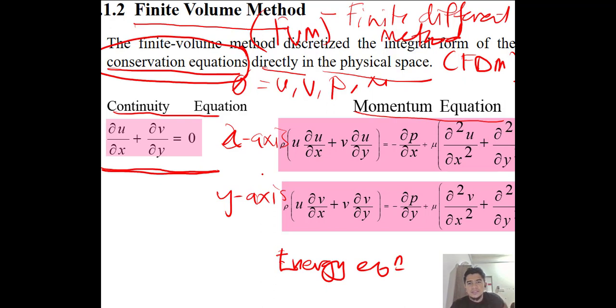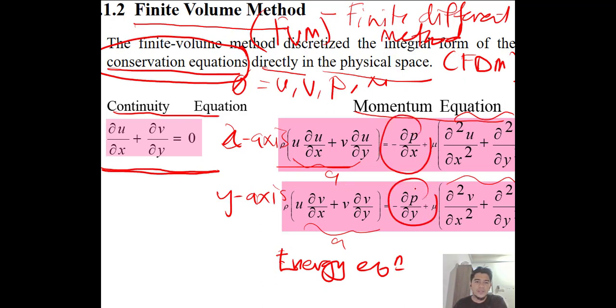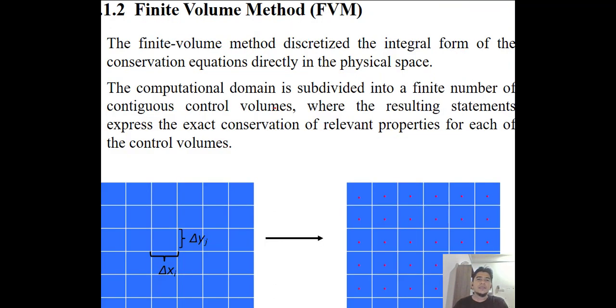In this equation, I don't want to repeat or go into great detail, just to briefly go through that this is the element of acceleration, this one is also acceleration, and this one is the viscous effect. We have already looked at this together. This is how we come up with the pressure and so on. And then in the finite volume method, we discretize the integral form. For example, if you have a geometry, it is similar to the finite difference method.